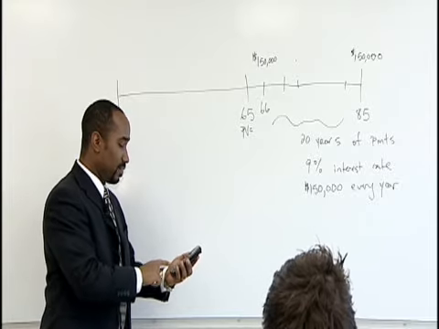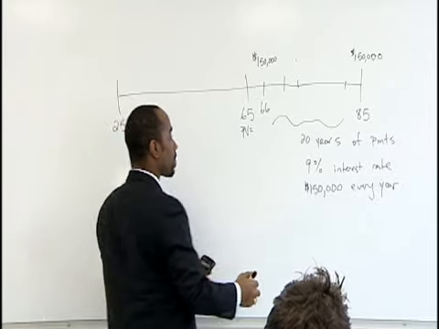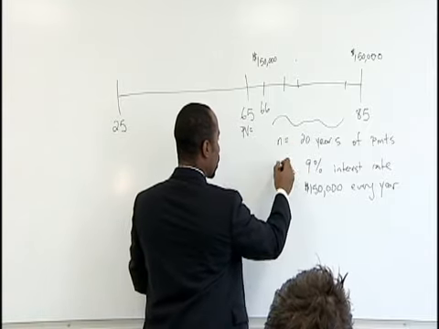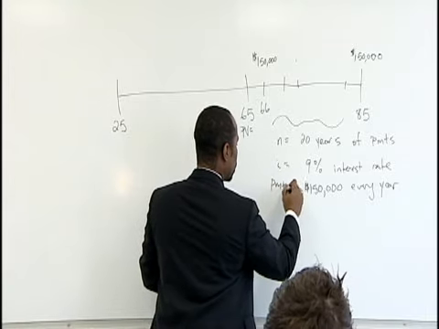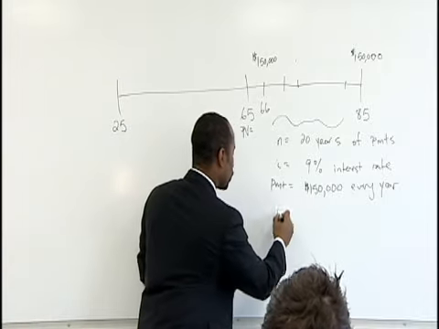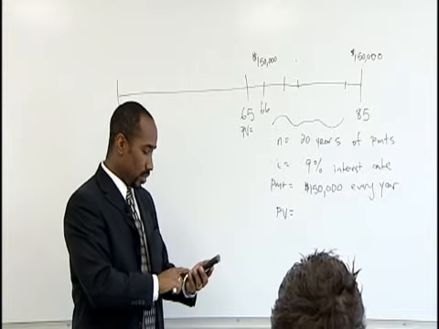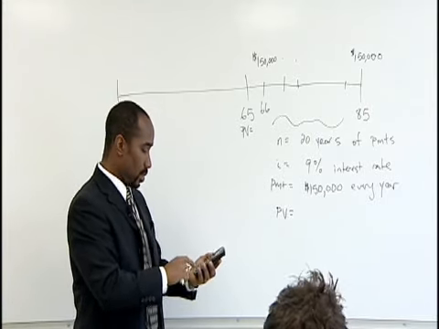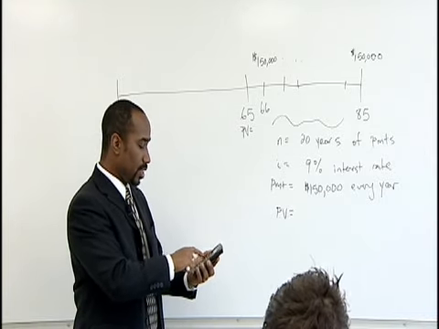We're going to put in our number of periods as 20 years, our interest rate as 9%, our payment as $150,000, and figure out what present value that amounts to. So what do we need to have when we retire to withdraw the money?